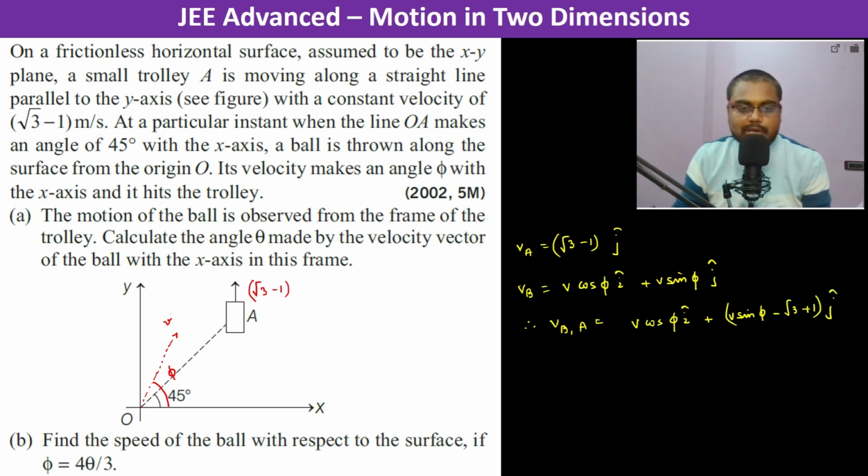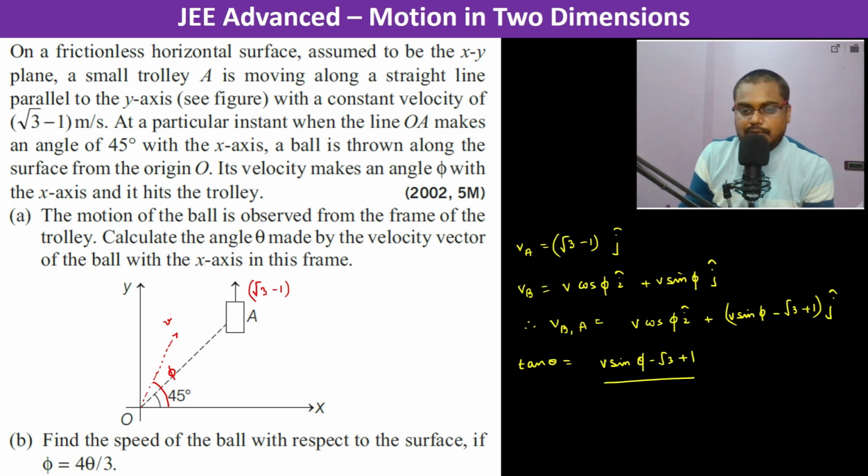So the angle theta made by the velocity vector of the ball with the x-axis in this frame: tan theta becomes v sin phi minus root 3 plus 1 divided by v cos phi. And yes, it's going to hit the trolley.